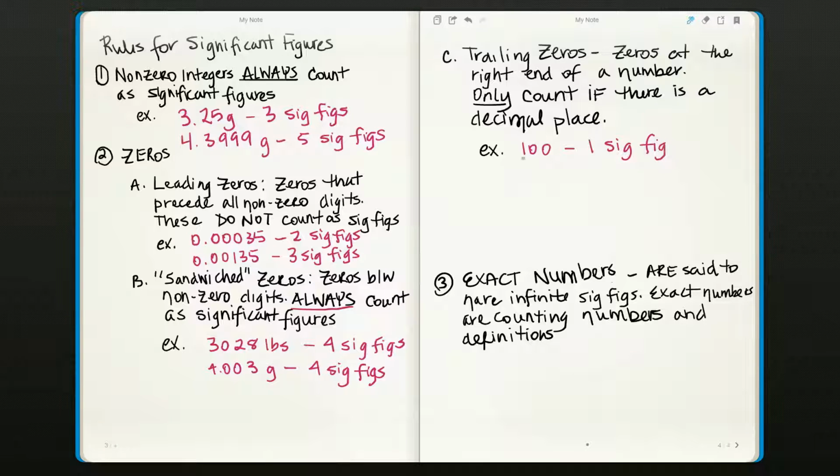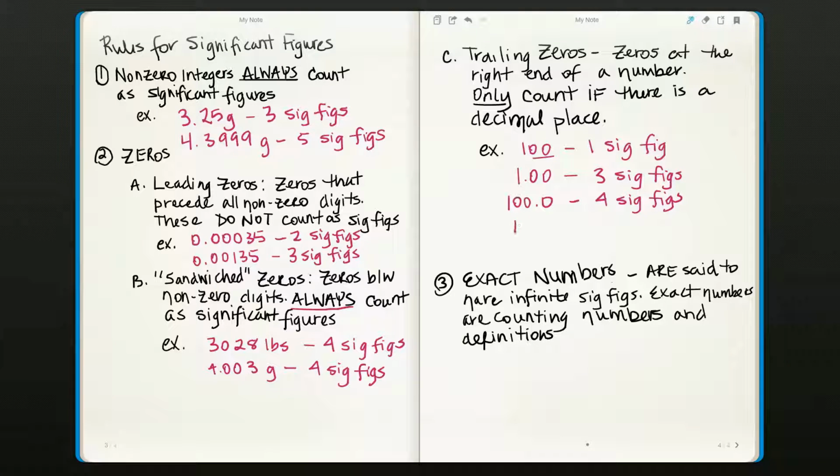Those trailing zeros here don't count. 1.00. This has 3 sig figs. Okay? 100.0, that's 4 sig figs because all those zeros count. So even if the 0 comes after the decimal place, that still counts.